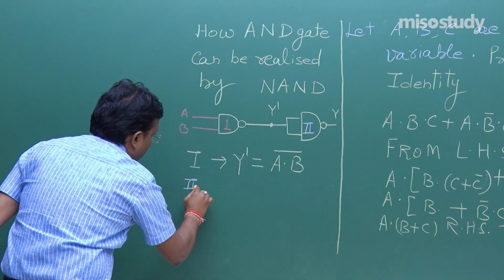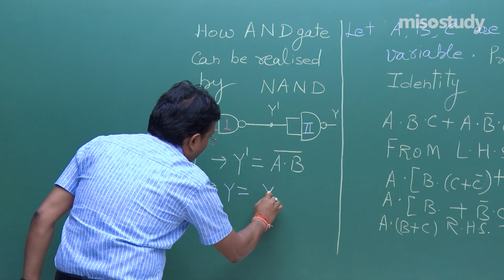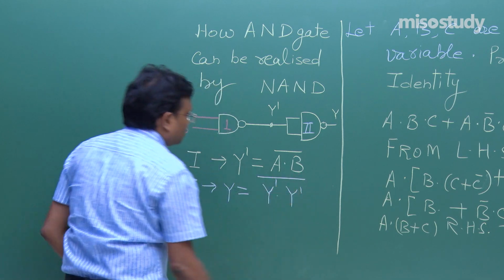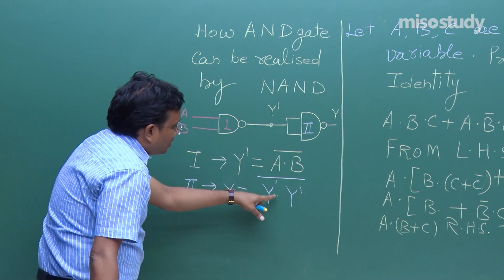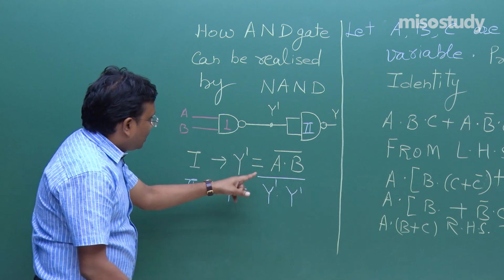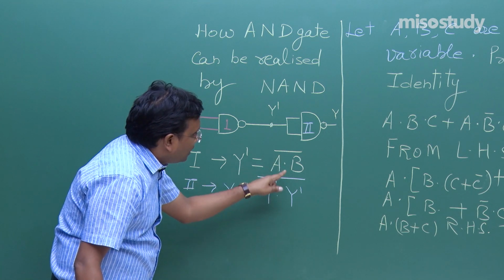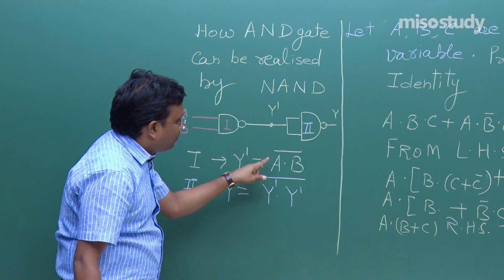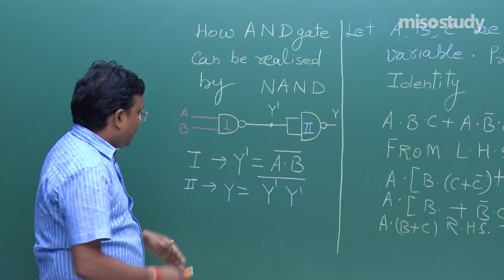Then for this 2, this is second NAND gate. So for this you can say Y is equal to Y prime bar dot Y prime bar. Take the look of this. And this will give you what? It will give you A dot B bar within bracket A dot B bar, that you can say A dot B double bar plus A dot B double bar. Fine.